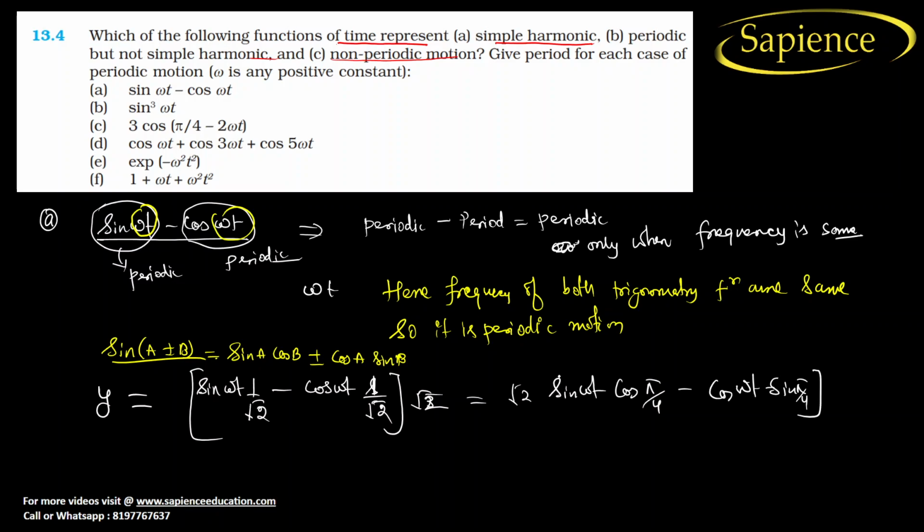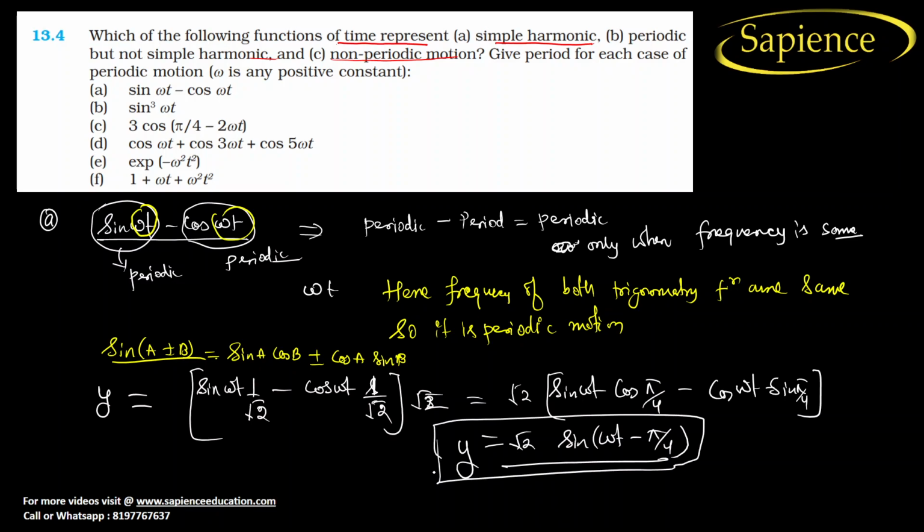If we combine this, we have root 2 sine of omega t minus pi by 4. So this is a single S.H.M. equation only. Since this is an S.H.M. equation, I hope you have understood question A now.